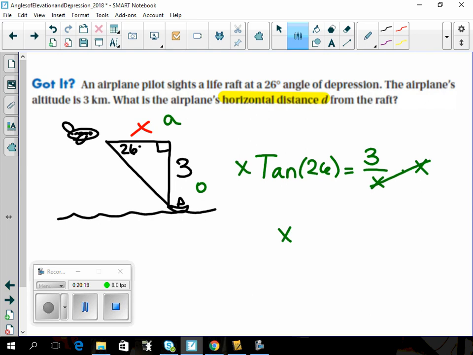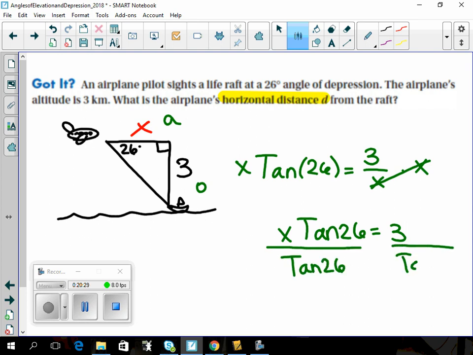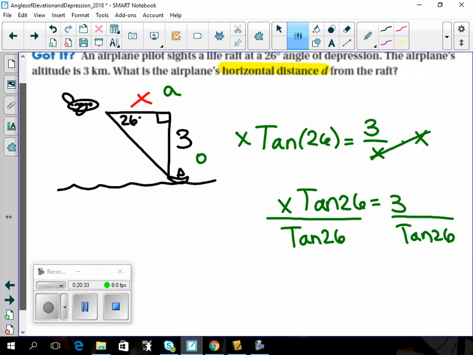That gives me x times the tangent of 26 is equal to 3. And then Anaya's right. Divide by the tangent of 26. If you are savvy enough to go straight from your original equation, knowing that the x is in the denominator, you can just switch these two and get down here. This just happens to be the algebra to get there.